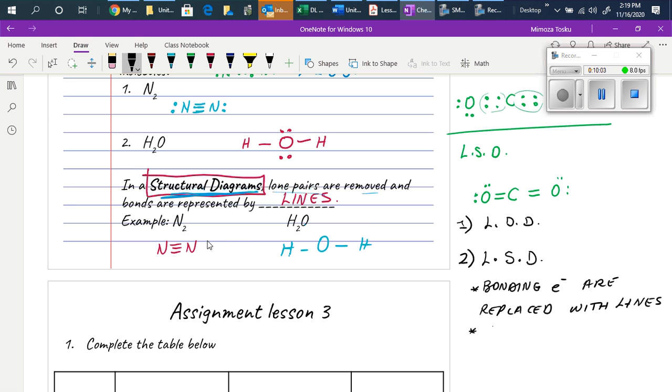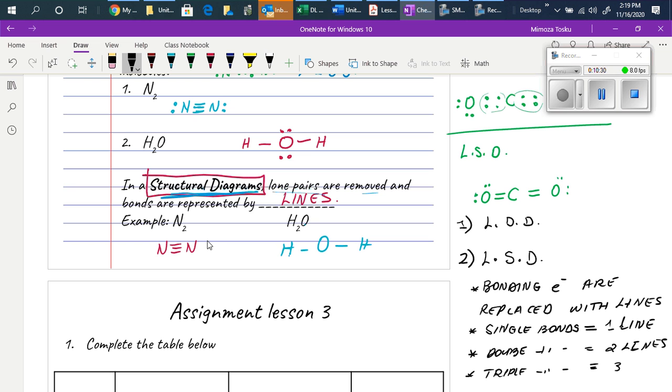Single bonds equal one line. Double bonds equal two lines. Triple bonds equal three lines.